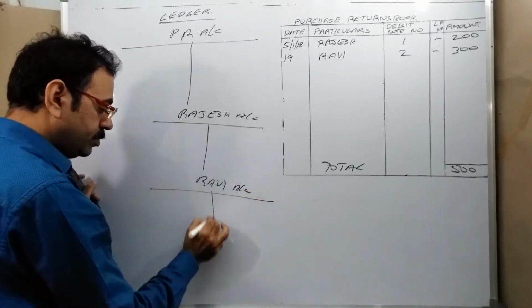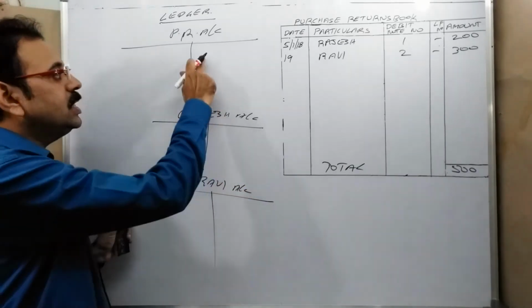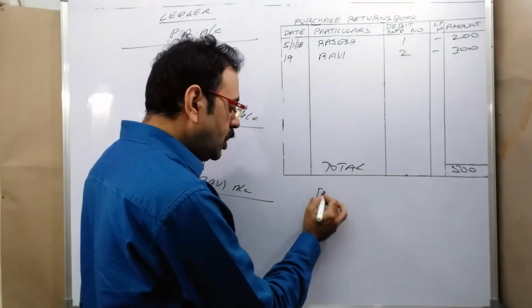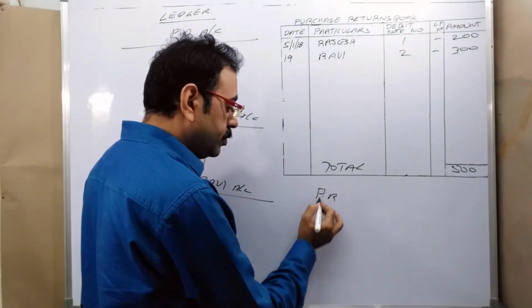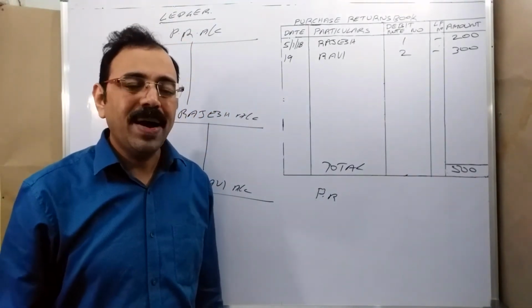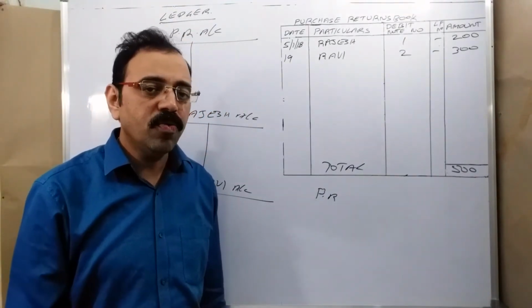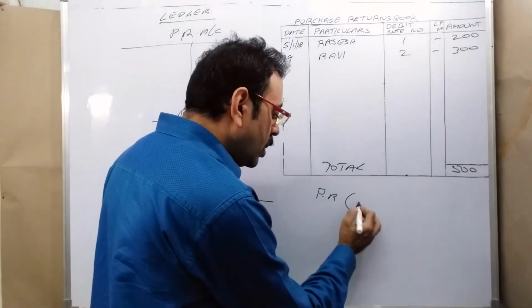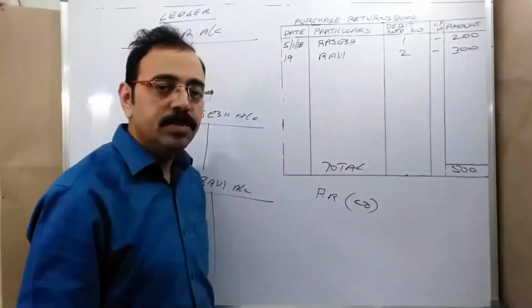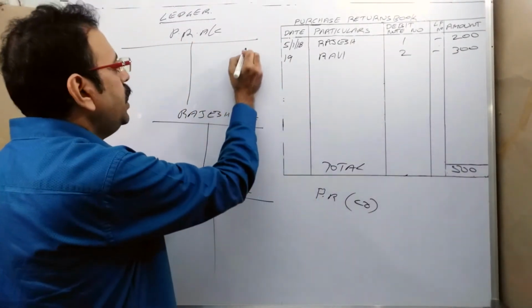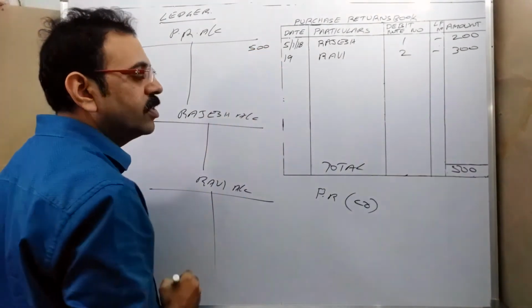Now in purchase returns account, see, purchase returns come under nominal account. Purchases are expenditure, so we are debiting it. Therefore purchase returns account shows a credit balance. Therefore that total amount we should post on the credit side.